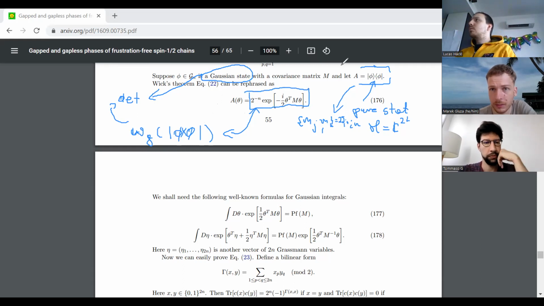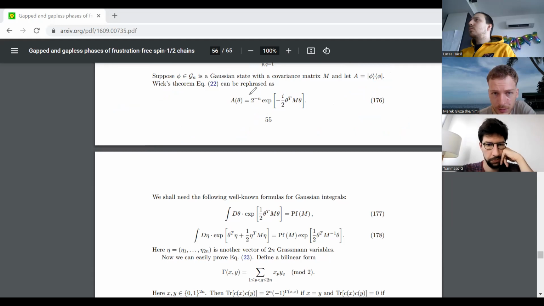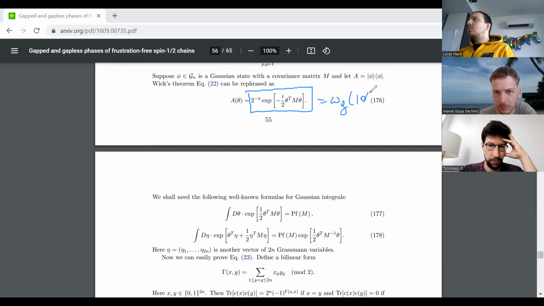So a couple of words about what this thing here is doing. The first thing that we can verify is that actually when I have this in the notation previously as omega g of some pure state phi, then actually I can compute already the trace. So how does it work?